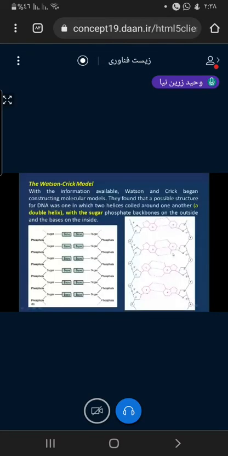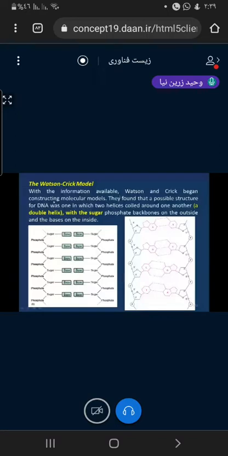Okay, the Watson-Crick model. With the information available, Watson and Crick began to construct molecular models.